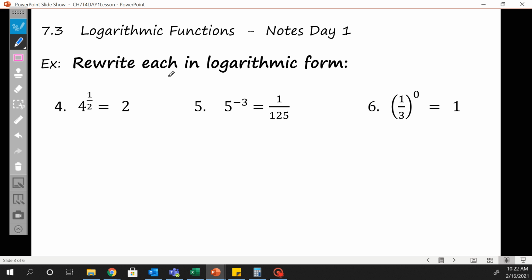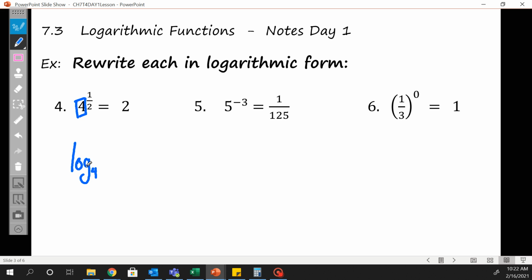What if they are in exponent form and we want to go to log form? Okay, so they're currently in exponent form. Now we want to go to log form. So 4 to the 1/2 power is equal to 2. The 4, the base of the exponent, should also be the base of the logarithm.